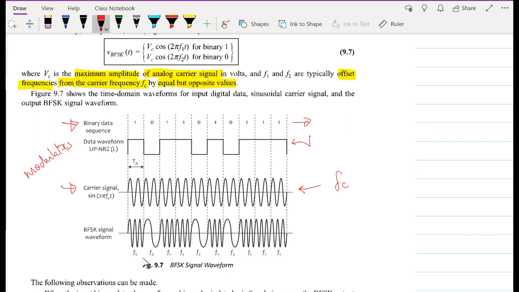Sometimes it goes slow, like we can see here. When we have a 0, there is a lower frequency being transmitted as F2, and when there is a 1 being transmitted, we have a higher frequency than the carrier frequency.